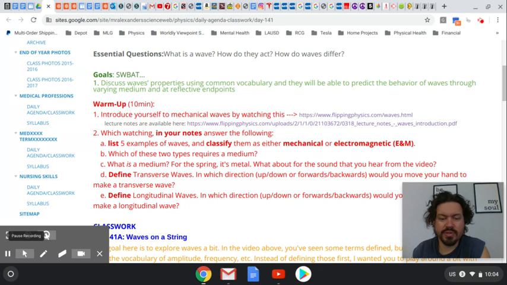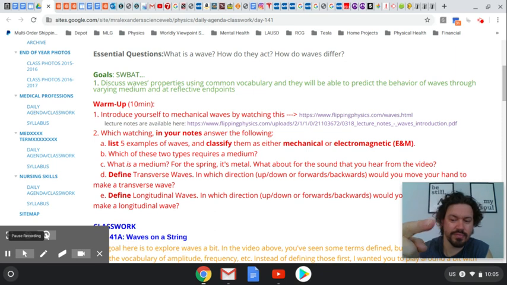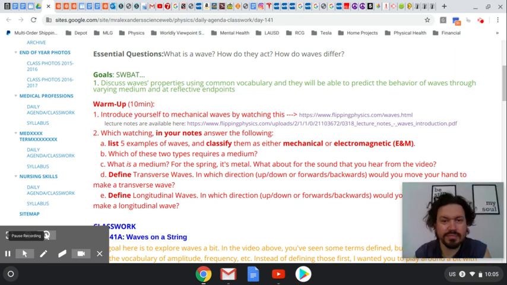So that's what a medium is. For the spring, it's metal. For the wave and the spring, you could consider it to be metal or the spring. The sound. What's the medium that's getting the sound from your phone to your ears? What's in between the speaker and here?